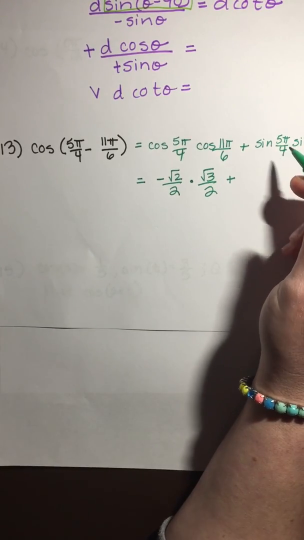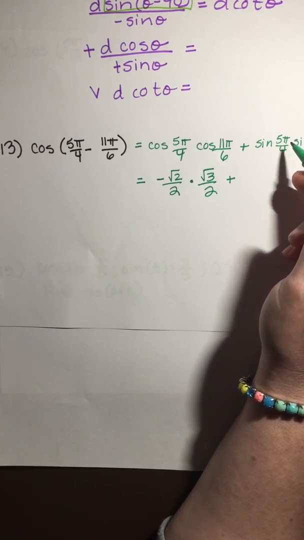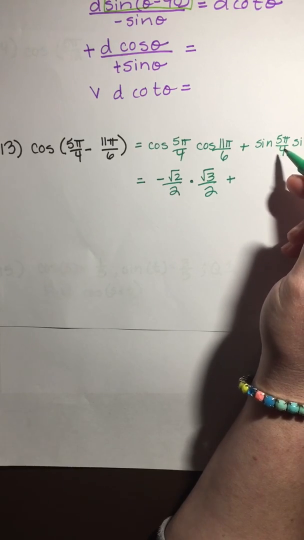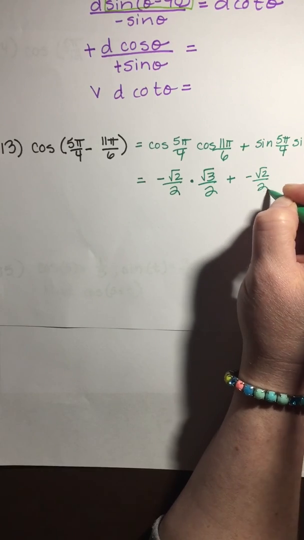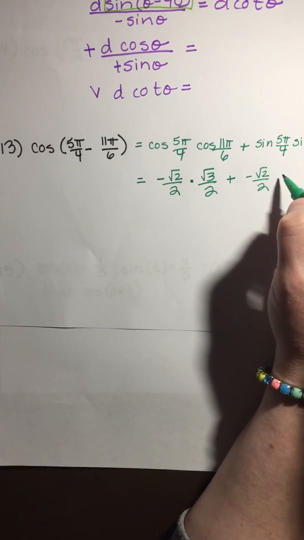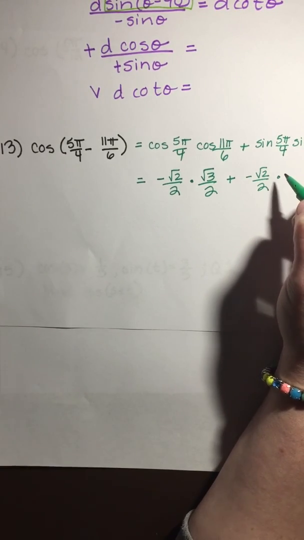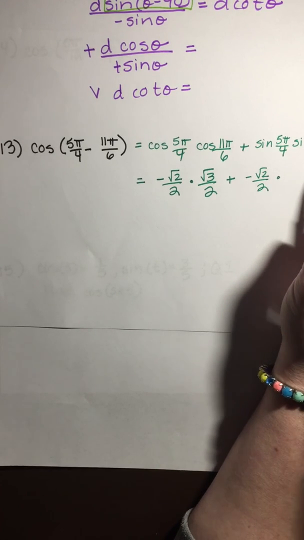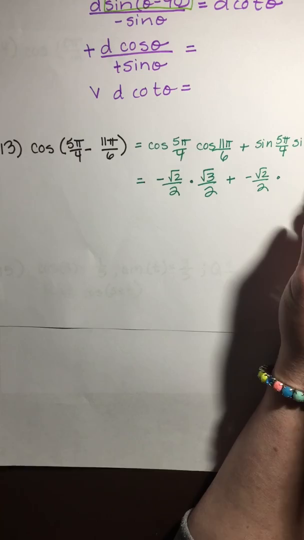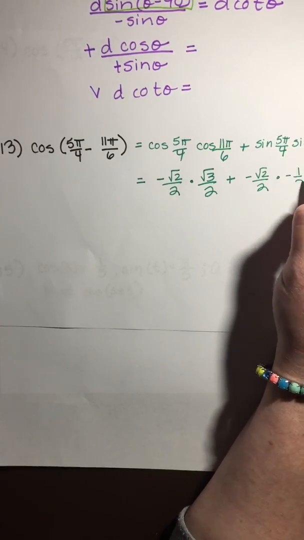All right, again, 5 pi over 4 is in quadrant 3. The sine of 5 pi over 4 is negative the square root of 2 over 2. And then times the sine of 11 pi over 6, again in quadrant 4. And 11 pi over 6 for sine would be negative a half.